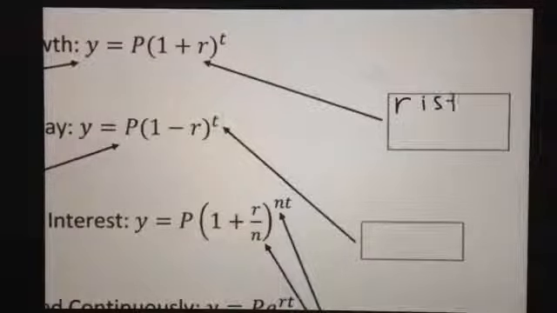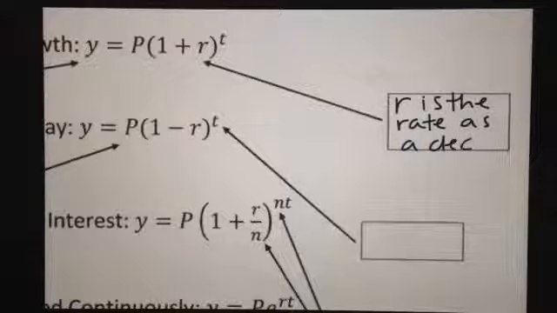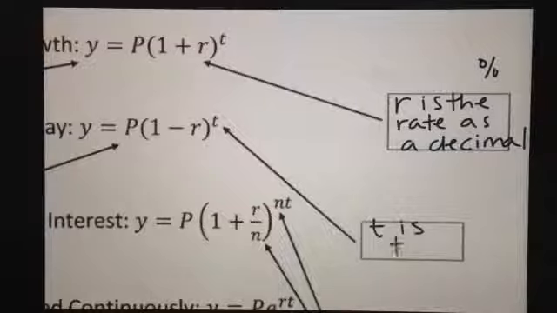R is the rate as a decimal. So this is usually given to you as a percentage, and then you have to move the decimal 2 places to the left to convert it to a regular decimal that we're going to use in the problem. In these equations, t is time, most often years, but sometimes it could be days or hours, depending on the problem.